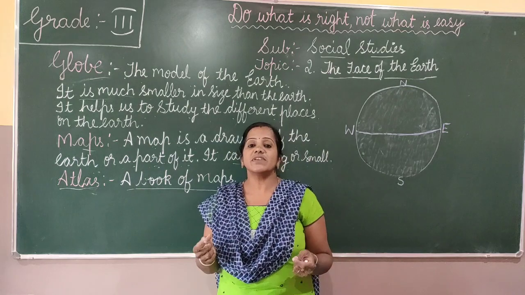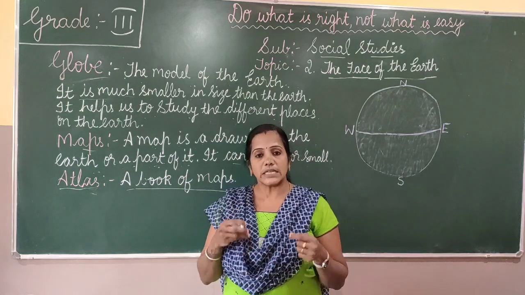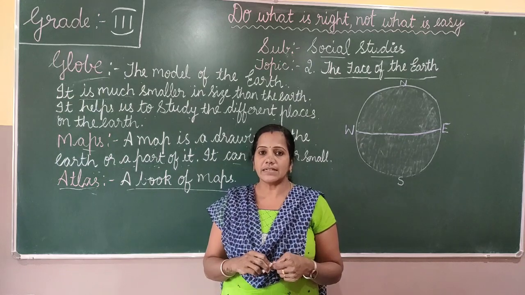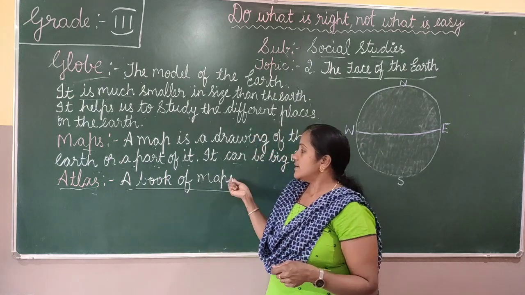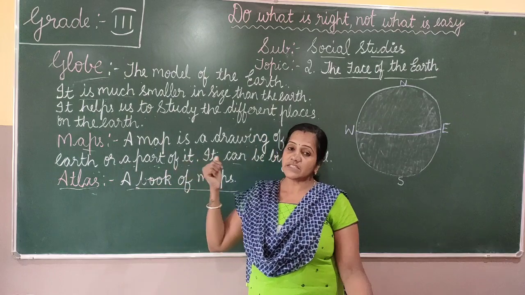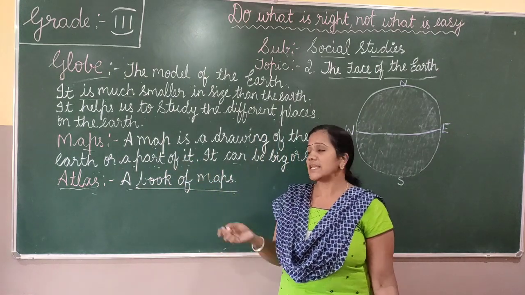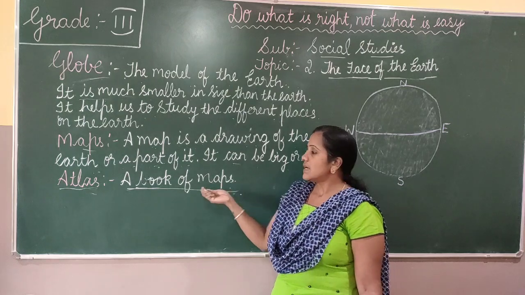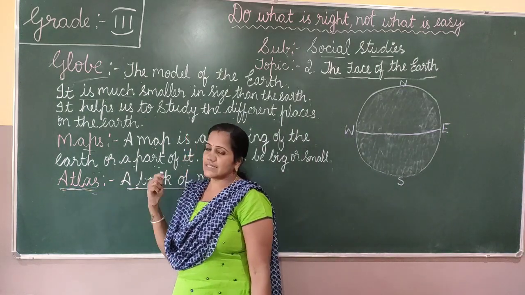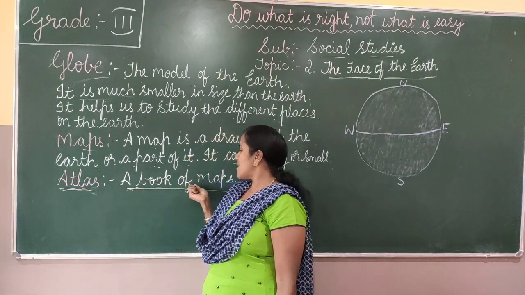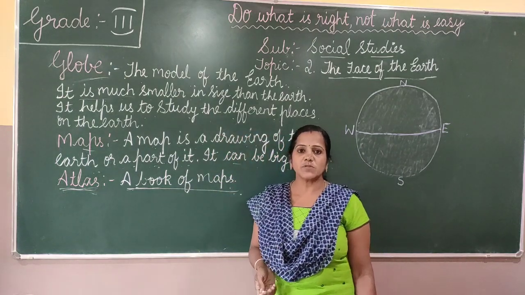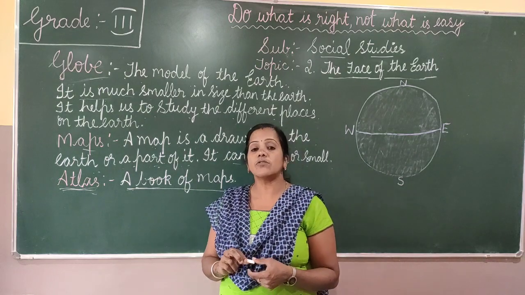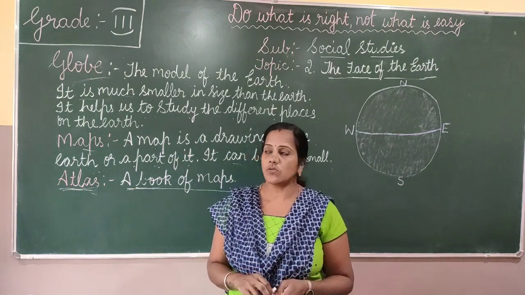In these maps we can find out any places of a particular country. A book of maps, there are many different types of maps, is called an Atlas. In maps also we can find out the different land masses and the water bodies.